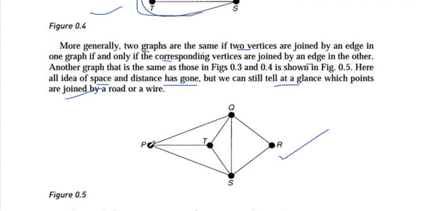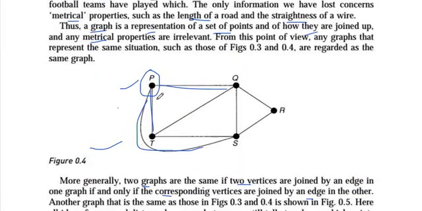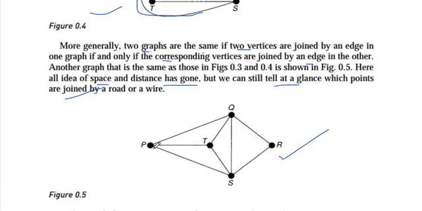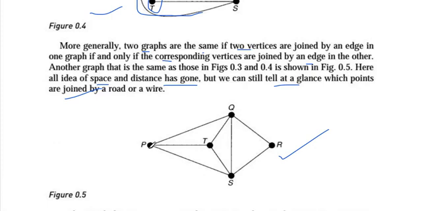You can see that P is connected with Q, T, and S. Here also P is connected with Q, T, S. T is connected with P, Q, and S. Q is connected with P, S, T, and R. Here all the space and distance between them are gone, but we can still tell which points are joined by a rod or a wire. So this is also the same graph.